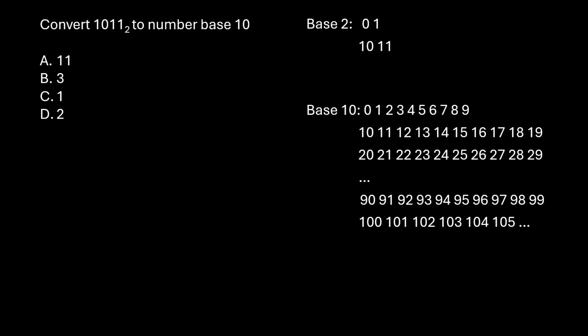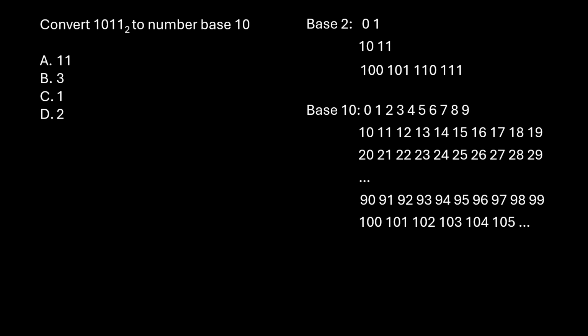So 2 in base 2 is 1, 0, 3 in base 2 is 1, 1. And then at this point, we have exhausted the numerals. So we displace another digit. So we have 1, 0, 0, and the next value is 1, 0, 1, and so on. So this is basically, briefly, how number bases work.